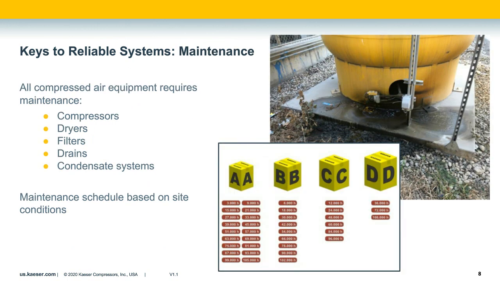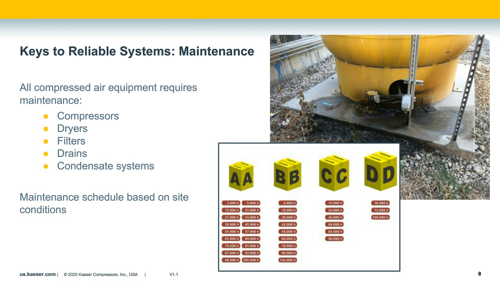All of your compressed air equipment requires maintenance. Yes, even your drains. And you can see from the picture at the top right, there's condensate that's building up on the concrete pad for the tank. All condensate should be disposed of properly according to local and municipal laws, hence the need for drains and a condensate management system.